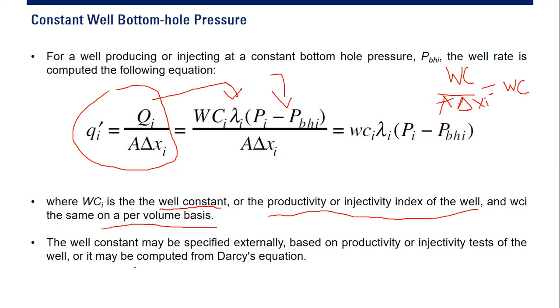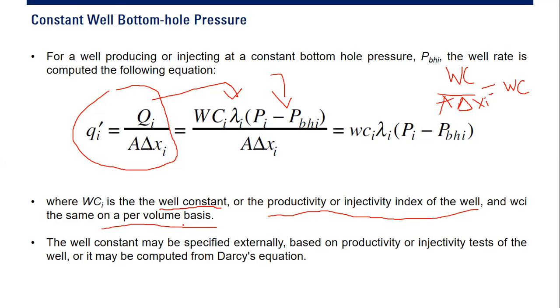The well constant may be specified externally based on a productivity or injectivity test of the well, or it may be computed from the Darcy equation. So you can use the productivity index or injectivity index from well testing, or you can calculate using the Darcy equation to get the WC, the well constant. Well constant is actually the productivity index or injectivity index.